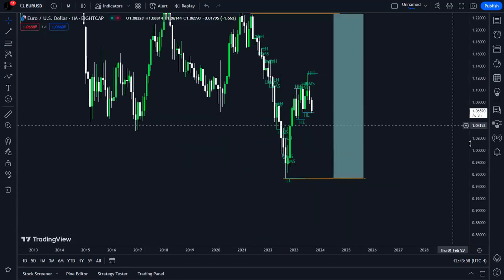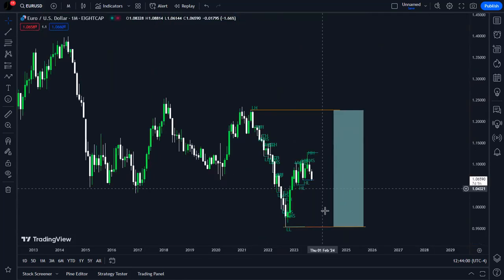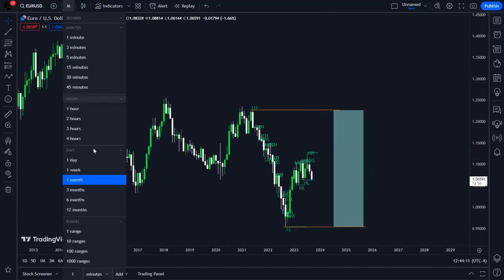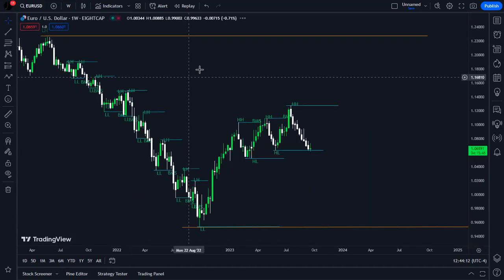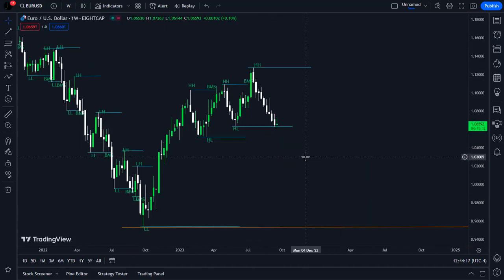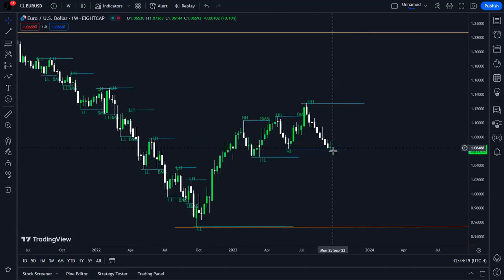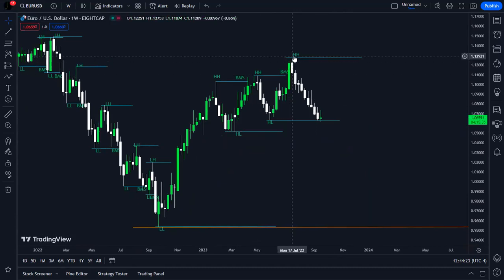Let's check the monthly. Yeah, the bearish month, right? So this is lower high, lower low. Lower high, breaking market structure somewhere right here, create a new lower low. So the algorithm, the IPDA, it will respect this weekly dealing range, this higher low and higher high.